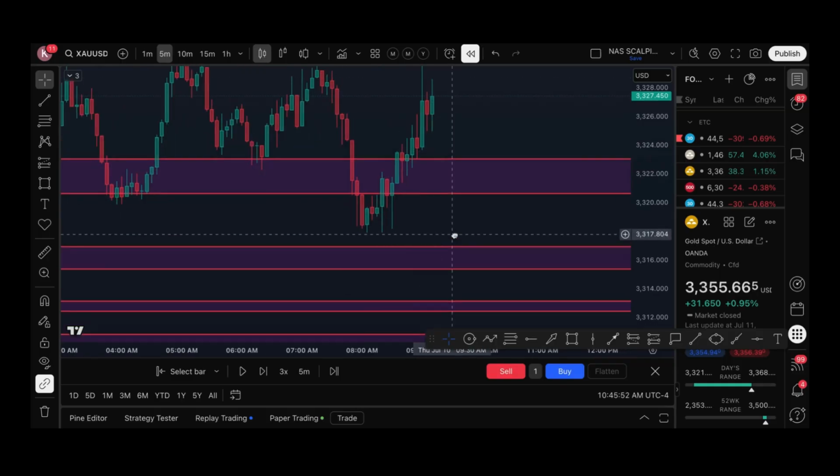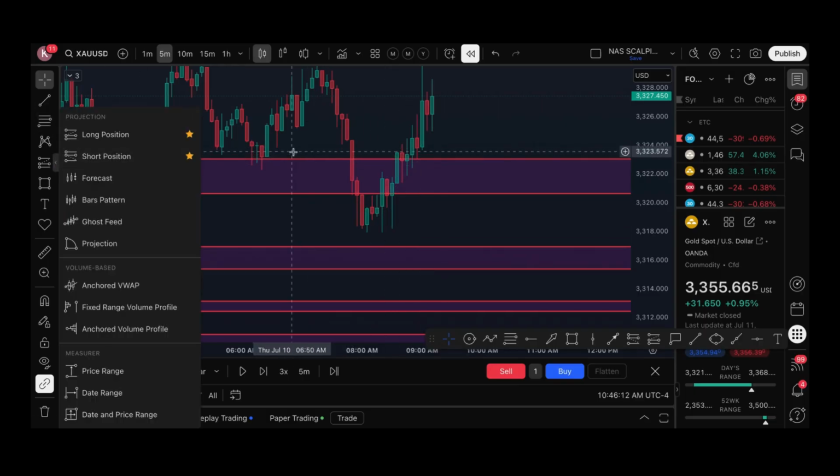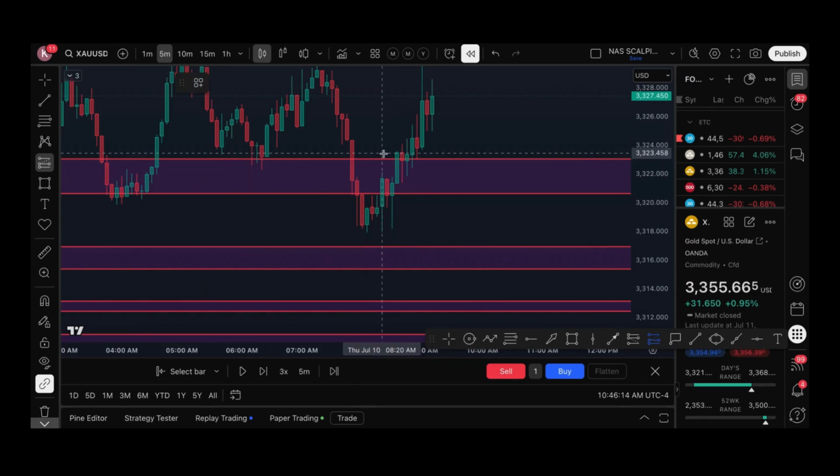All right. And then right here, we have a close above, a nice engulfing candle, and a close above. And that is our go to. That is what we want to see, an engulfing candle closing above our area of interest. So we got that. So this would be our entry.